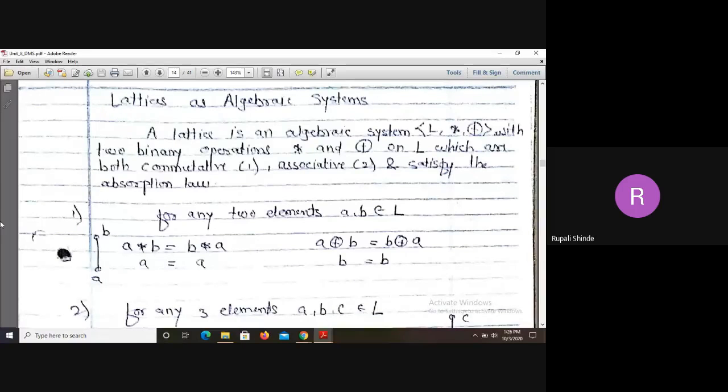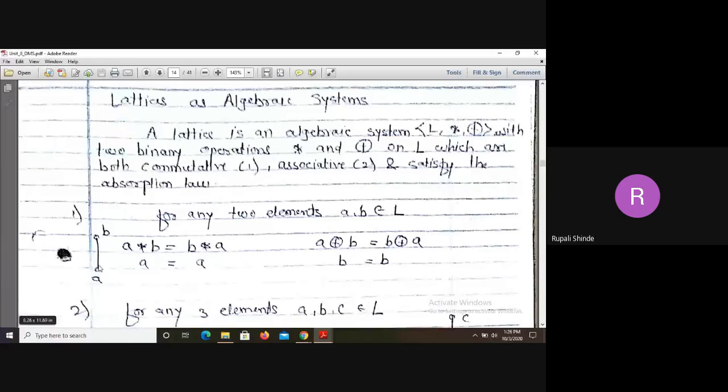Likewise we can do this for the second operation, that is join operation. That is A XOR B is equal to B XOR A. Look at this diagram. A XOR B. What is the meaning of this join operation?